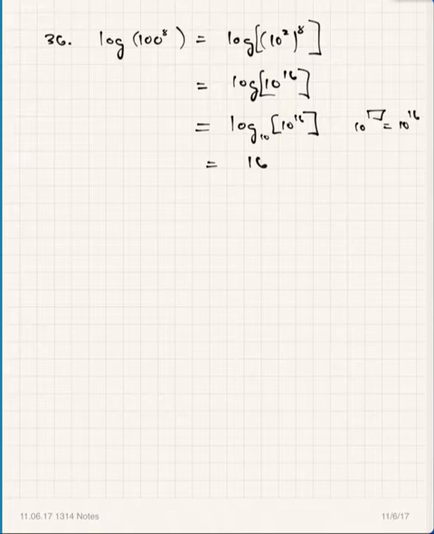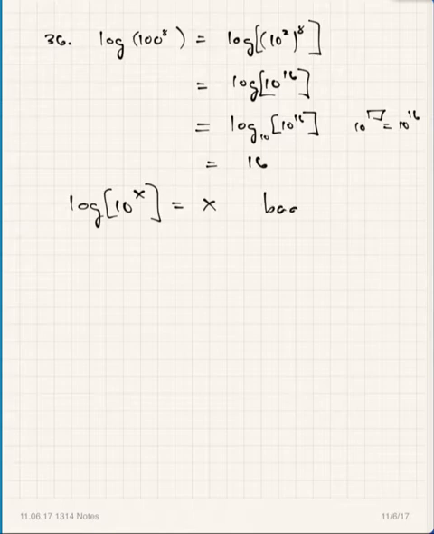So notice this tells us that this is always going to happen: if you have log of 10 to some power, this is always going to be that power, x. Now this is true for base 10 logarithms only, right? So common logs only, this property is true. The log of 10 to a power is just going to be equal to that power.